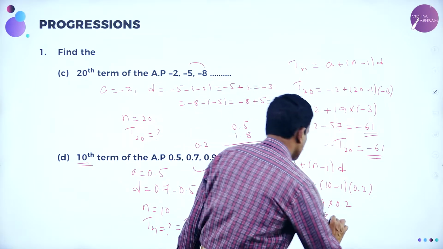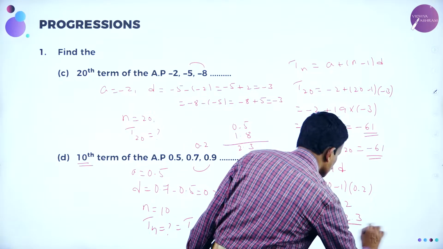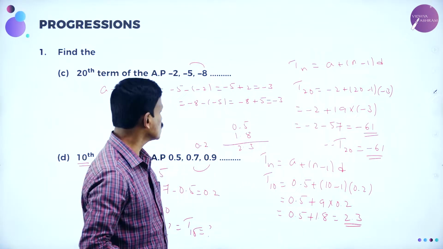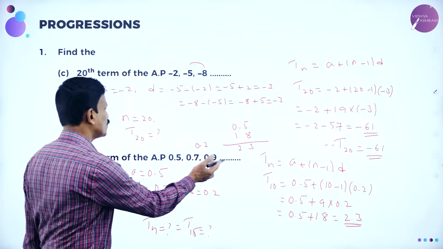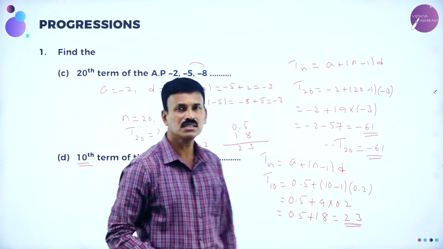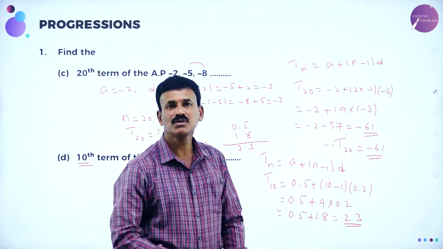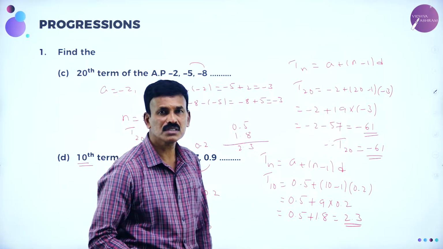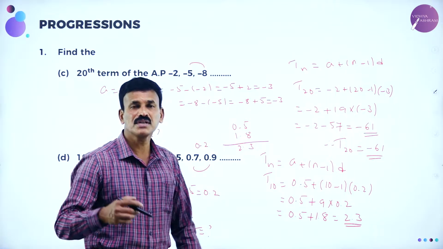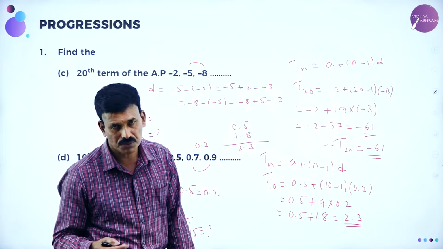So the required answer is 2.3. So the 10th term for this sequence is 2.3. Just if I add 0.2 for this, the 10th term you are going to get is 2.3. Very simple. So these are the problems based on finding the nth term of an arithmetical progression.